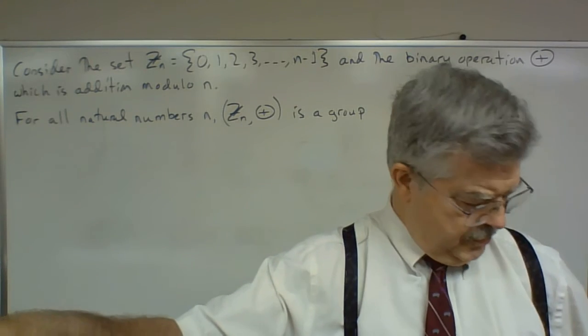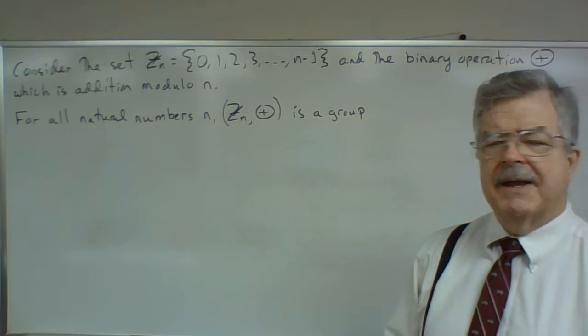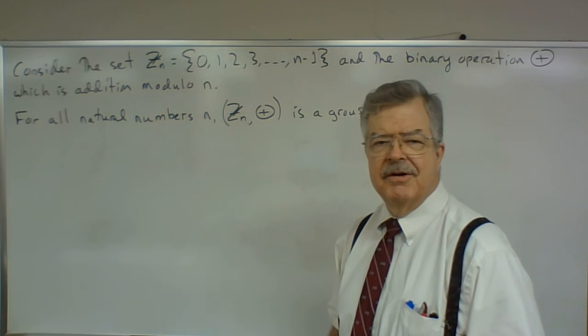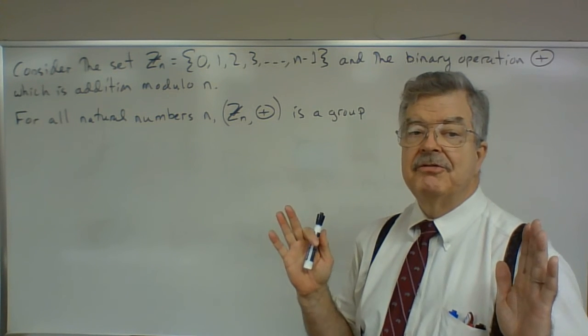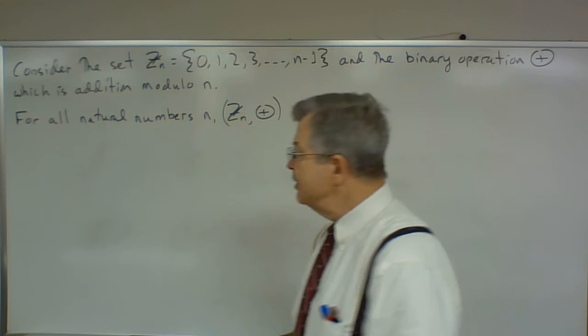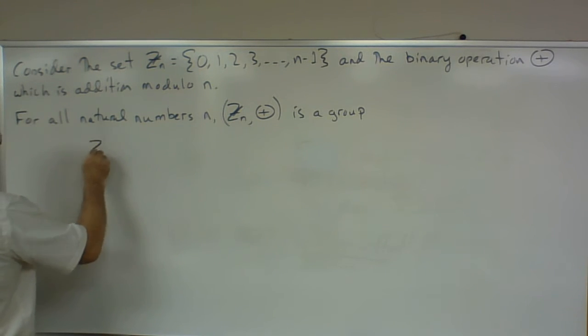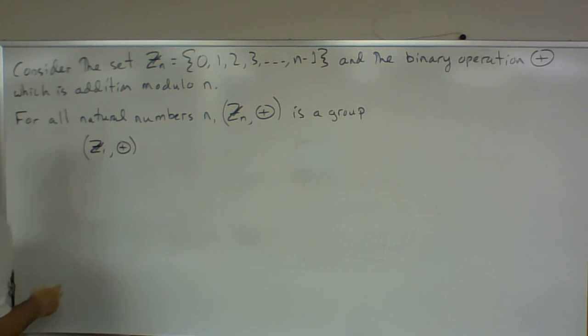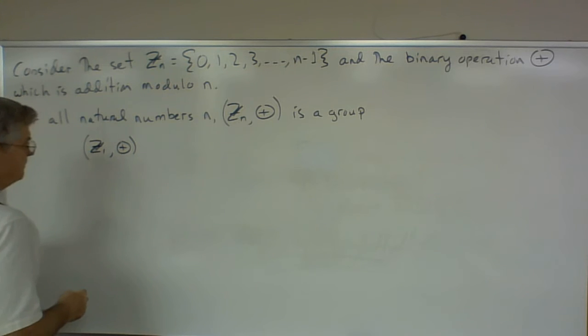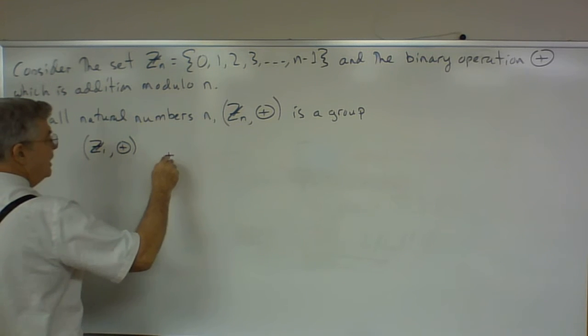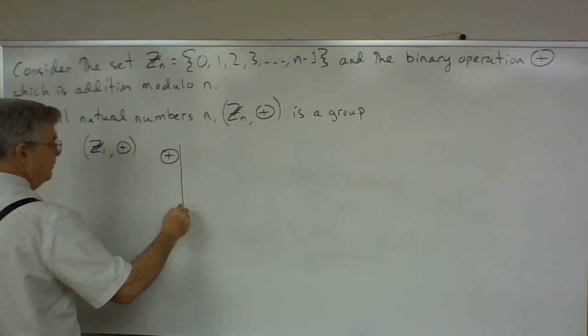And let me bend the rules just for a second. I'm going to give a first example. It's the most trivial example that there could be. But I'm going to have Z sub 1 and addition modulo 1 as the operation. And we'll look at the group table.